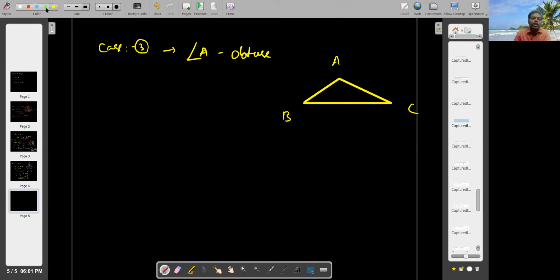In an obtuse angle triangle, the circumcenter lies exterior to the triangle. So let us take S here. Then with S as center and SA as radius, draw the circle.